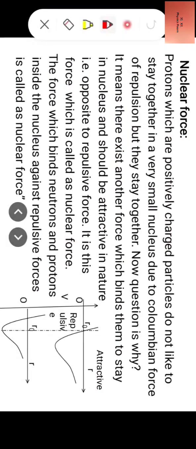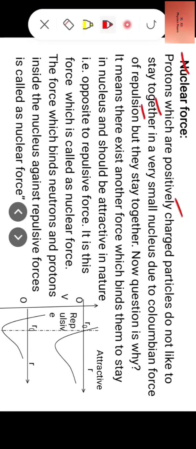Okay. Now, after learning about preliminary terms about nucleus, we come to nuclear force. Now, what is nuclear force? We have to understand it. Protons, which are positively charged particles, do not like to stay together in a very small nucleus due to Coulombian force of repulsion, but they stay together.